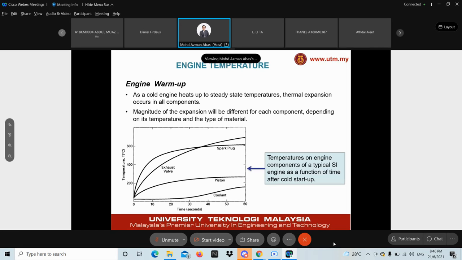The magnitude of the expansion will be different for each component, depending on its temperature and the type of material. Of course, the fastest to warm up is around the combustion chamber, specifically the spark plug and also the exhaust valve. These two components will reach their normal operating temperature first before other components.